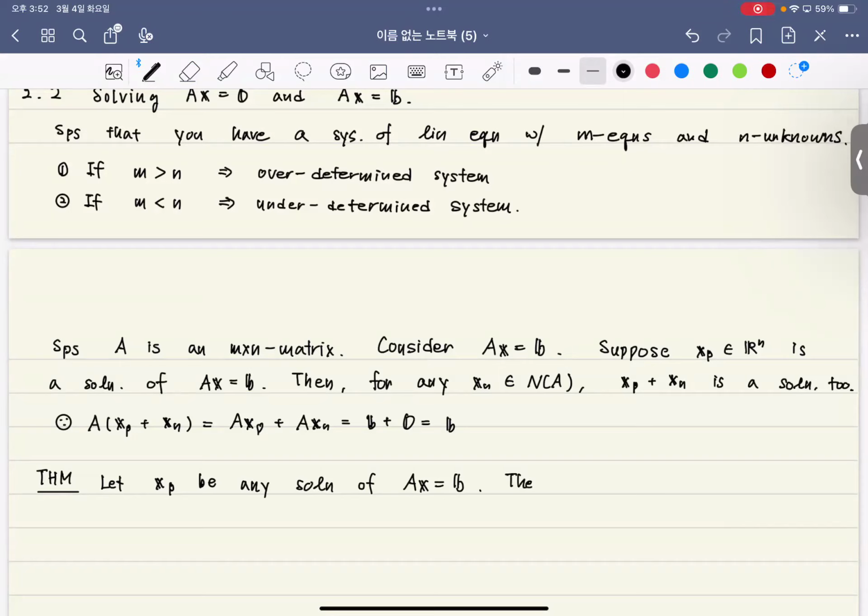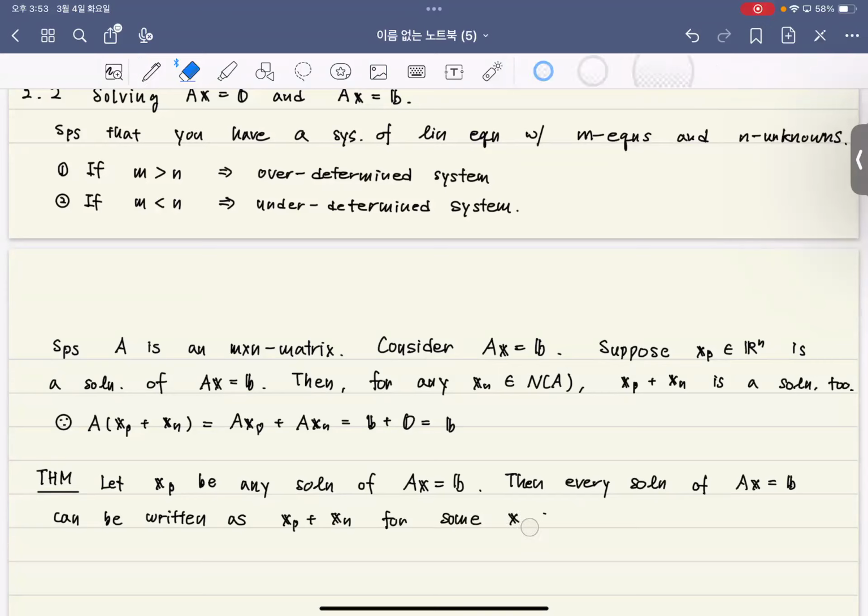Then every solution of Ax equals b can be written as xp plus xn, with xn in the null space of A.